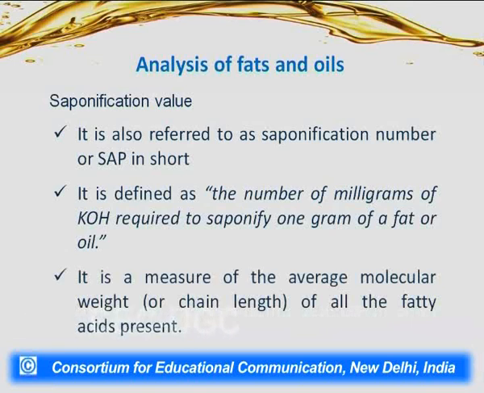You see what happens in oils and fats: KOH will be used for breaking the ester bond, and 1 molecule of KOH will be used for breaking 1 ester bond. If that oil or fat contains long chains of carboxylic acids, then per gram of oil or fat we will have a lesser number of ester bonds. And if these carboxylic acids are short chain, then in 1 gram we will have more molecules of the oil or fat, meaning more ester bonds, and to break all these ester bonds we will require more potassium hydroxide.